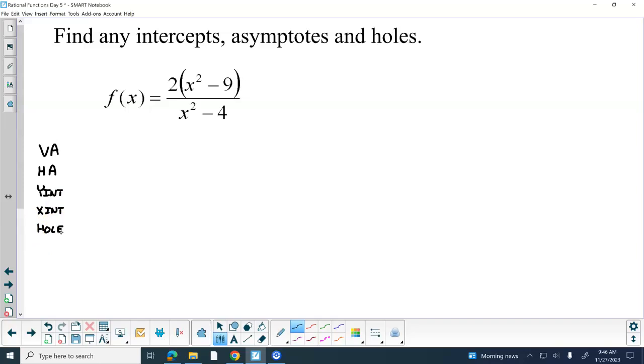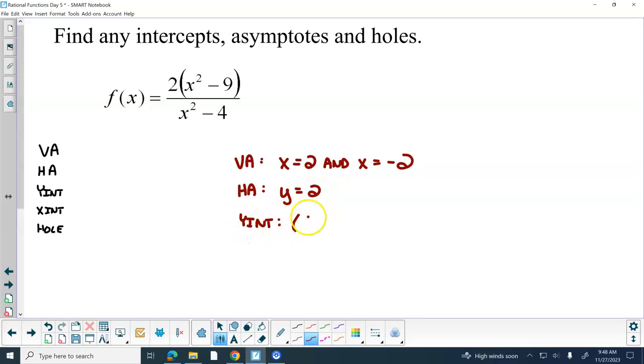Go for it. Not graphing. Over -4 would be positive 9/2.